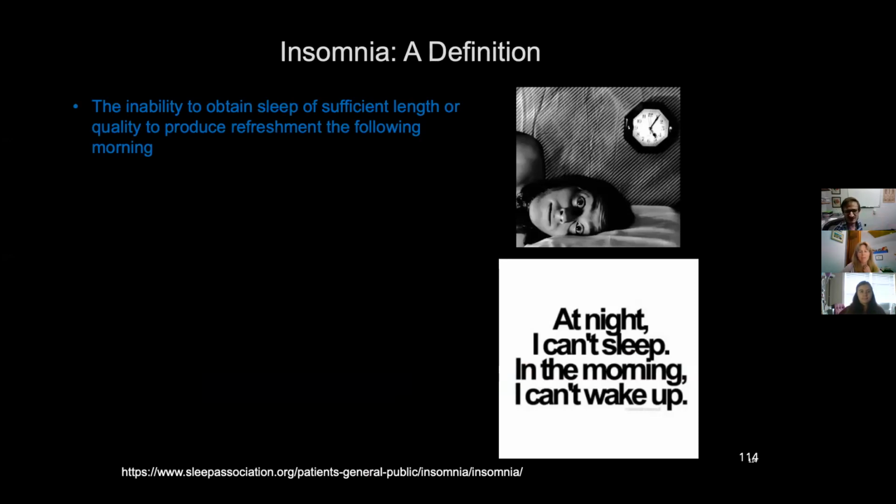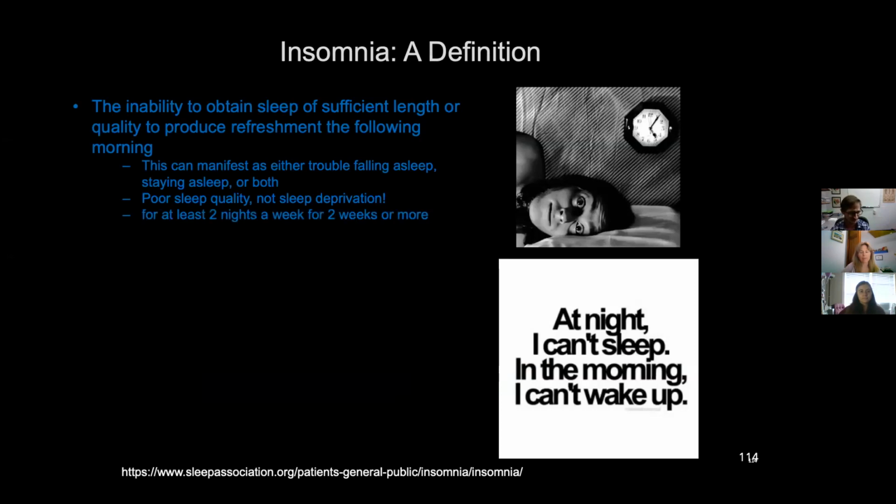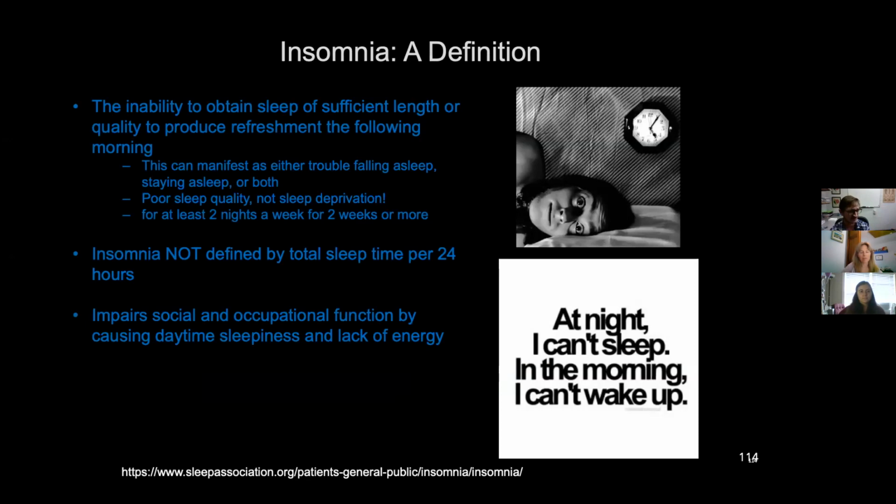That's sleep deprivation. People who have insomnia are trying to sleep, but it's not working for them. Maybe that's trouble falling asleep, staying asleep, or both. So it's poor sleep quality, not sleep deprivation, and it's clinically defined by some characteristics I'm showing you.